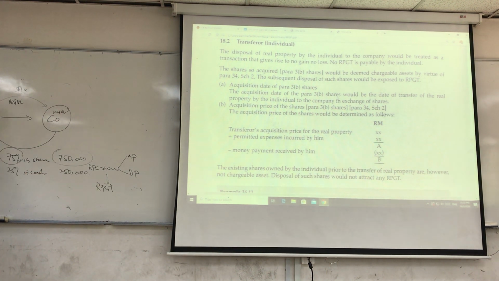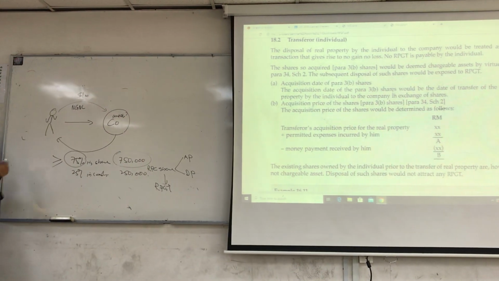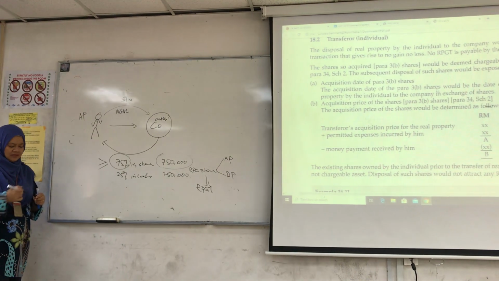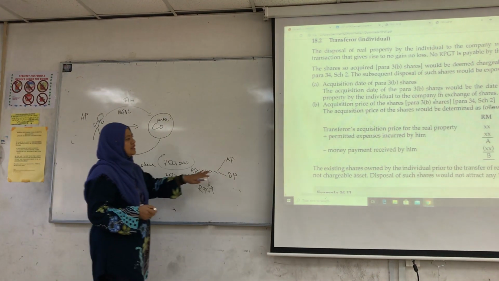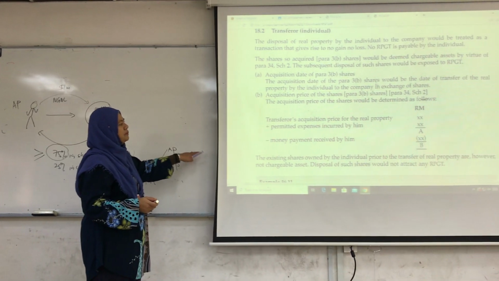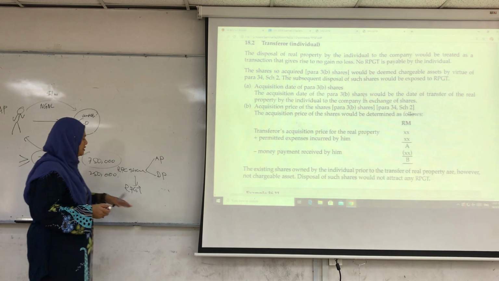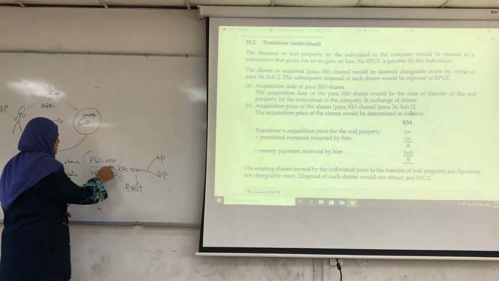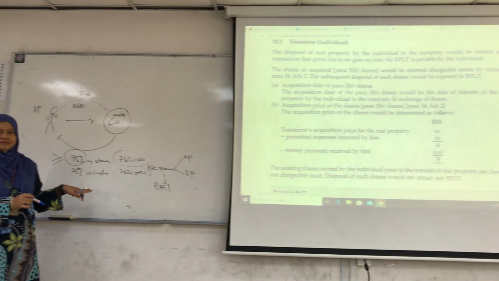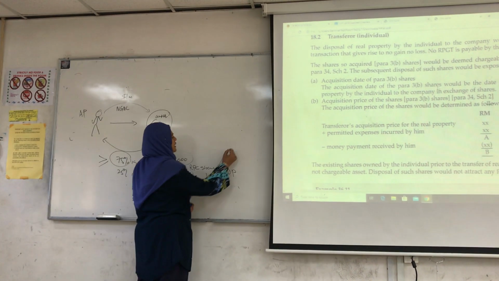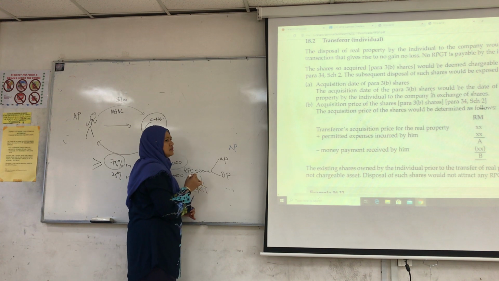So what is the AP of the property? Transferor's AP of the real property plus permitted expenses minus money payment received by him. So whatever money that you receive here will be deducted. So it goes back to the AP of the transferor.